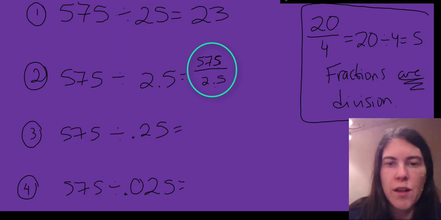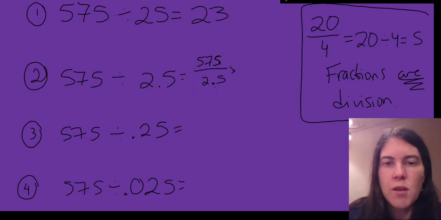575 divided by 2.5. I'm going to make an equivalent fraction to get rid of this decimal point here. So I'm going to multiply both the numerator and the denominator by 10, because if I multiply both, that's like multiplying by 1. That's like 10 over 10 is 1 whole.